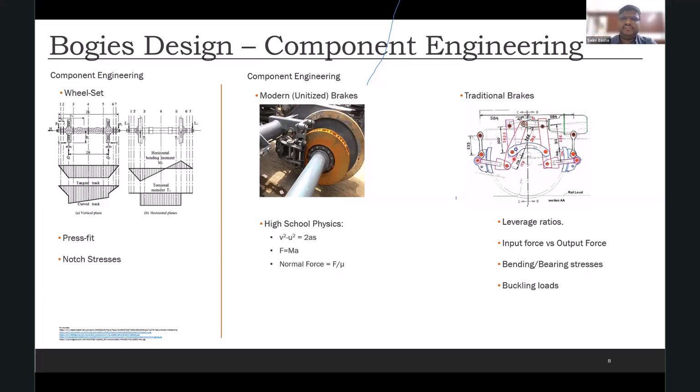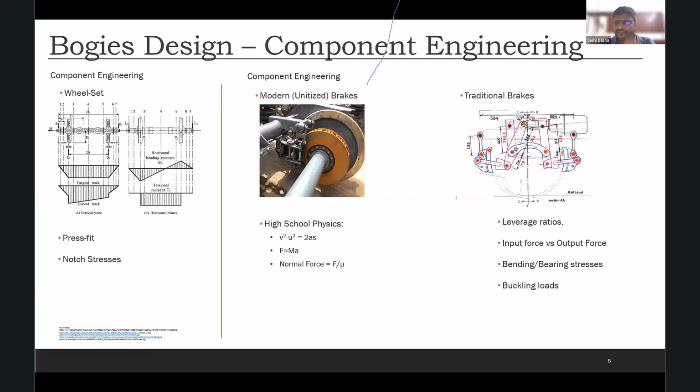In olden days, maybe the brake cylinders were not capable enough to generate the right stopping force that we need. So we had this leverage mechanism which will amplify the force, and ultimately by the time it comes to the shoe, it is going to be like 10 times or 20 times the force which got generated at the cylinder. So even this is possible. We do this as well, where the cylinder is not capable of generating the force which is needed.